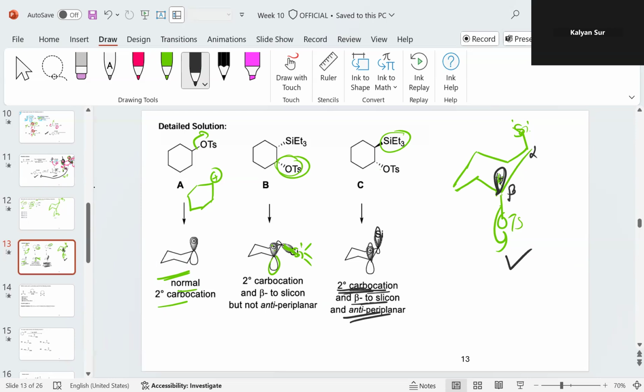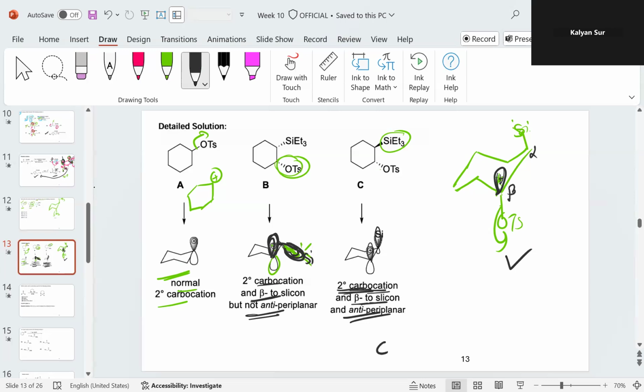In the other one, these are the bond pair on the silicon and that's the vacant lobe of the carbocation, so they are not anti-periplanar. This anti-periplanarity provides some sort of stability.